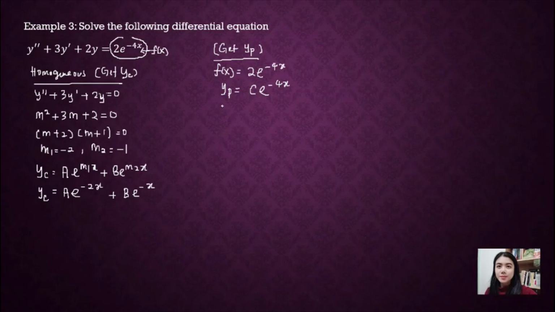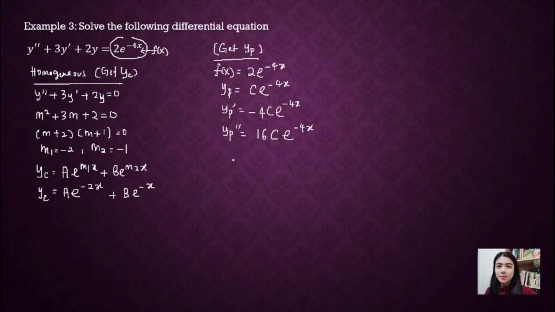If you differentiate this one, you will have y prime. Differentiating the exponential gives you negative 4c e^(negative 4x). Differentiate one more time: you differentiate the exponent, it gives you negative 4, multiplied with this negative 4c will give you 16c e^(negative 4x). This is y double prime.